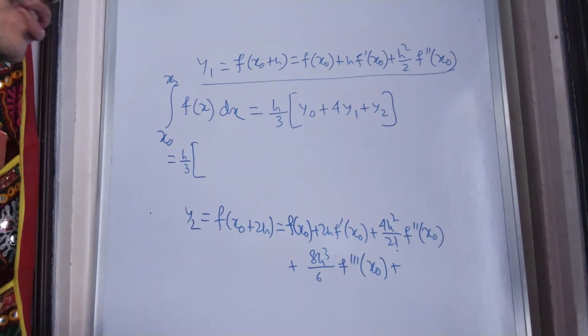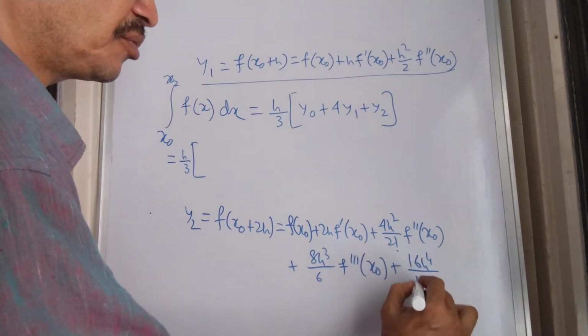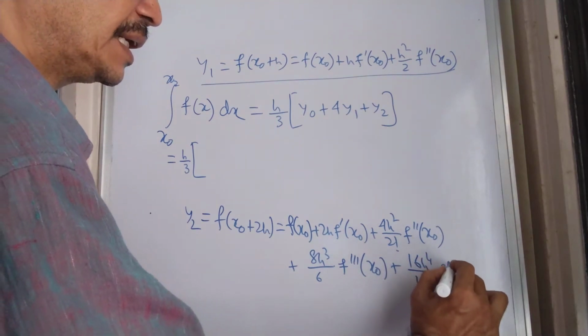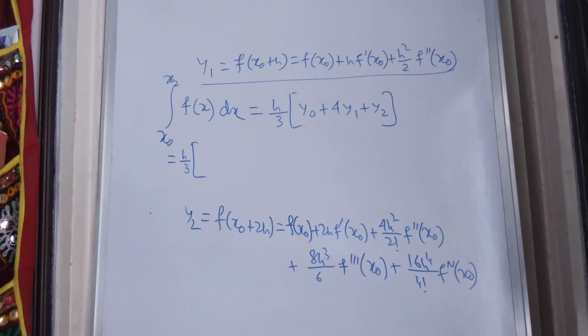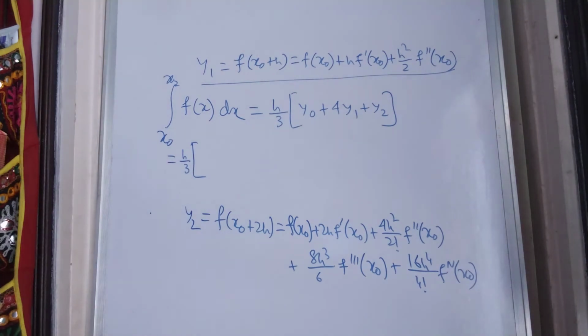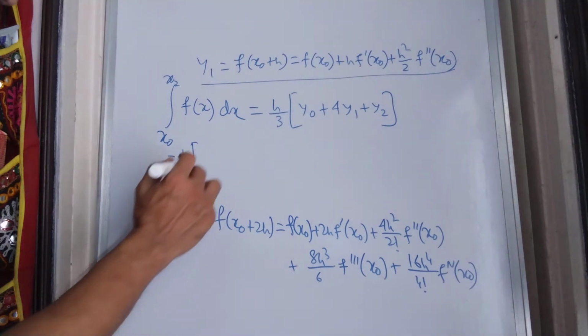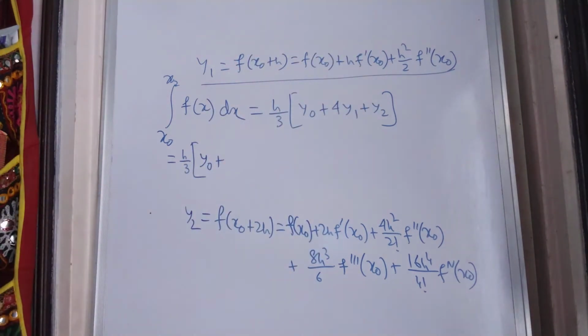Then we have 2h whole to the power 4, which is nothing but 16h to the power 4 by factorial 4 f4 x0. Now, if we write this value and this value here and add them up, see what we have. We use y0 and y0 prime in place of f(x0) and f'(x0).